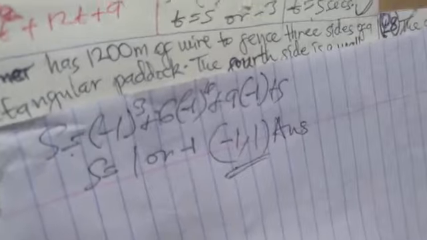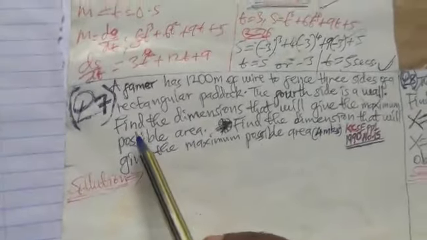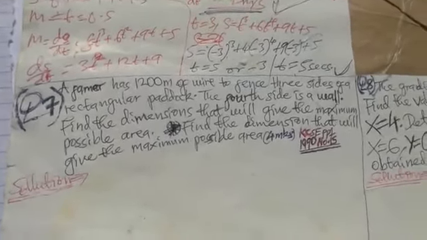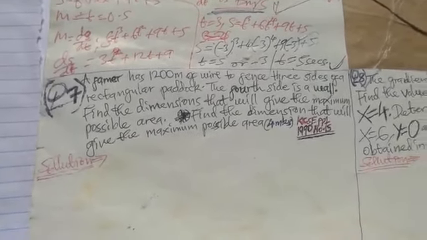Now we are in question number 7. Question number 7 states that a farmer had 1,200 meters of wire to fence 3 sides of a rectangular paddock.